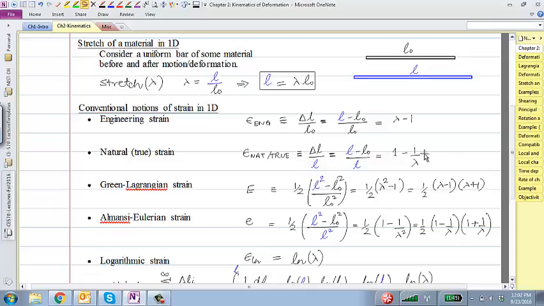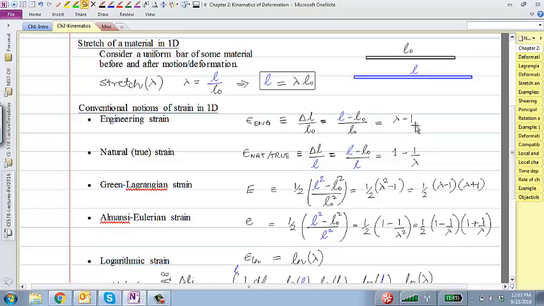In fact, you can pick any odd function you want. An odd function, hopefully you all know, is basically something that goes to 0 when lambda is 1 and is less than 0 when lambda is less than 1, because strain would be negative, compressive strain, and is greater than 0 when lambda is greater than 1.